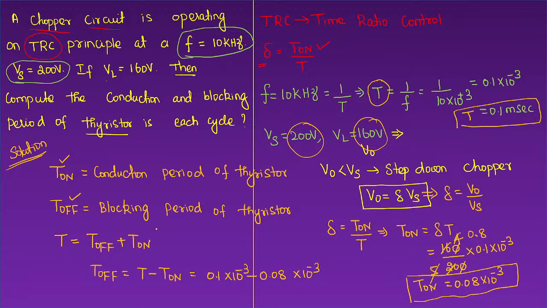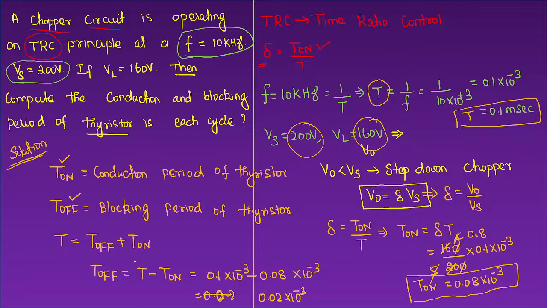We have to subtract 0.1 minus 0.08. If you subtract, what will you get? It will be 0.02, right? Then only it will become 0.1. It will be 0.02 into 10 power minus 3.